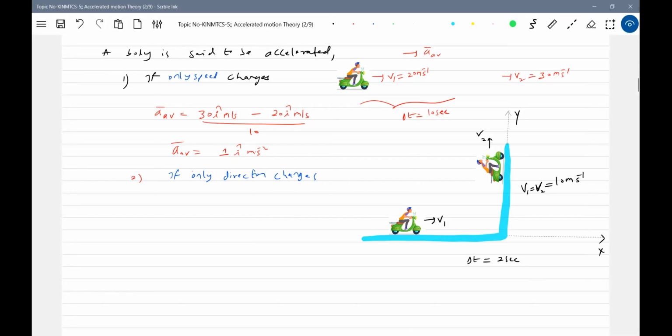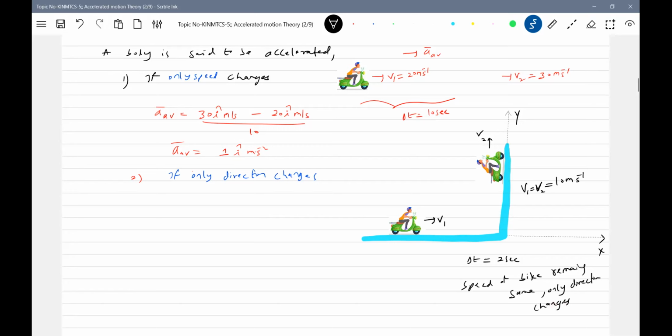It was moving along the positive x-axis, then takes a turn, and the bike will start moving like this. The speed of the bike remains the same. Only the direction changes.